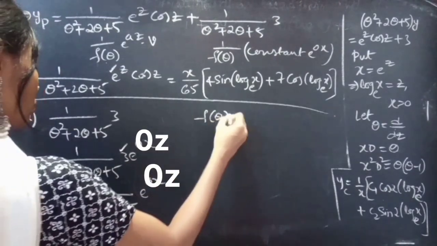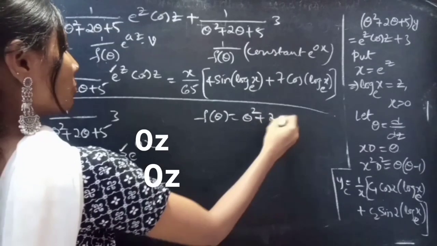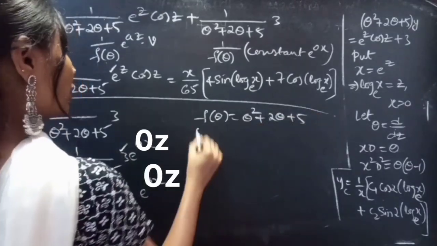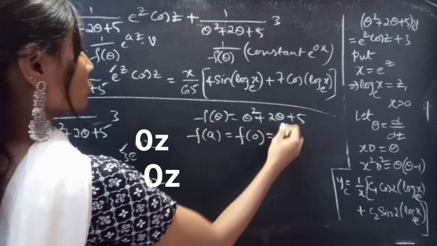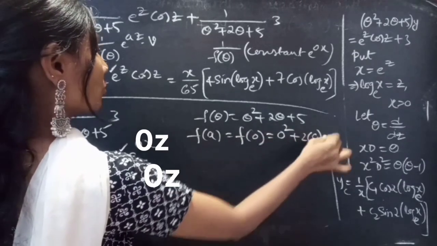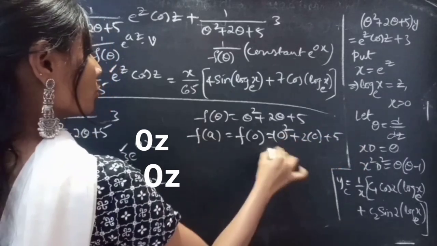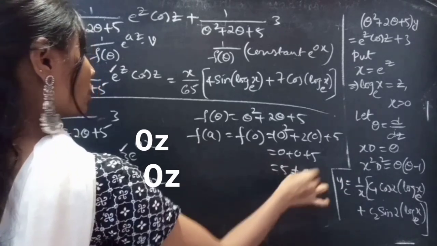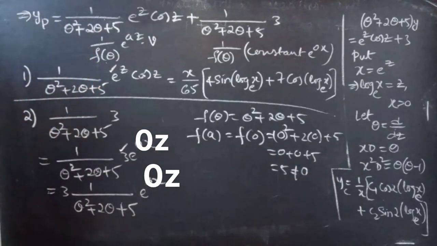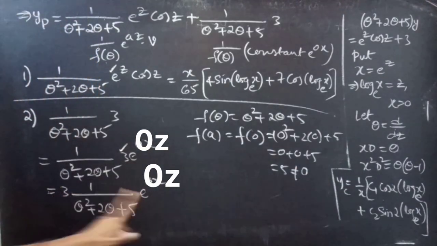f of θ equals θ² + 2θ + 5. We need to find f of a. For a equal to 0, we'll get f(0) equals 0² + 2 into 0 + 5, which is equal to 0 + 0 + 5, which is equal to 5. A non-zero number, right? So the denominator is non-zero by replacing θ by 0.